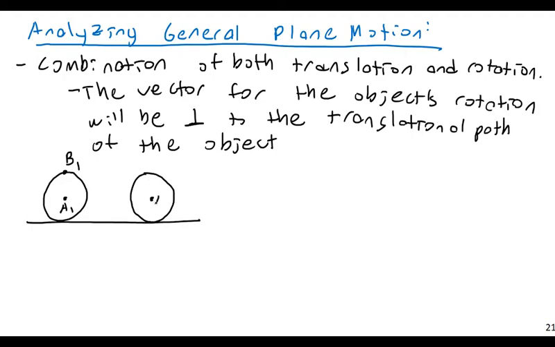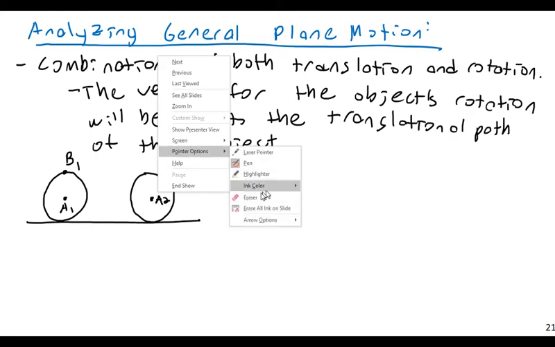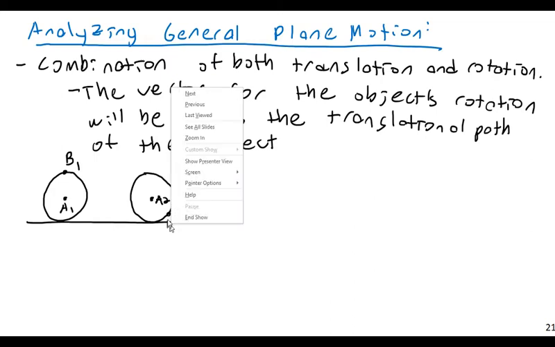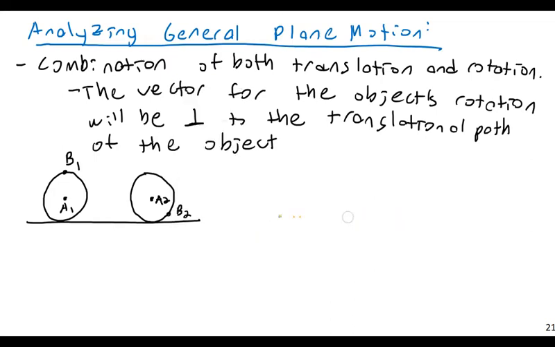At some time later, A2 is still at the center of the circle, but now B2 is at some other angle, somewhere down here. So we have a combination of both translation and rotation.